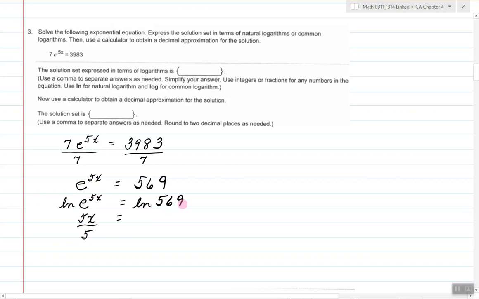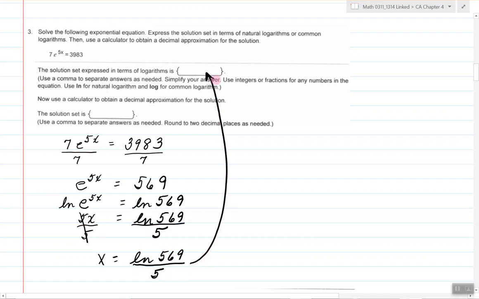I apologize for that. So it is the natural log of 569 divided by 5. x is the natural log of 569 all over 5. This is your first answer.